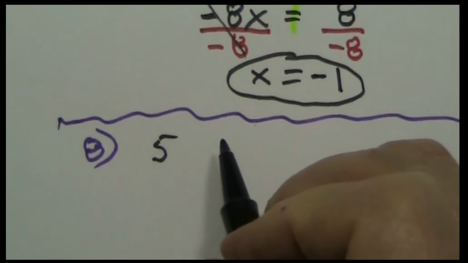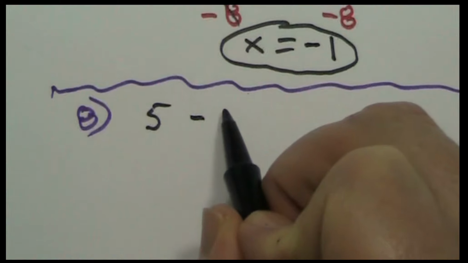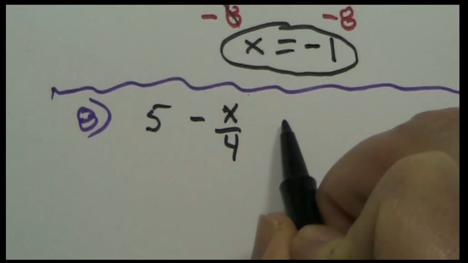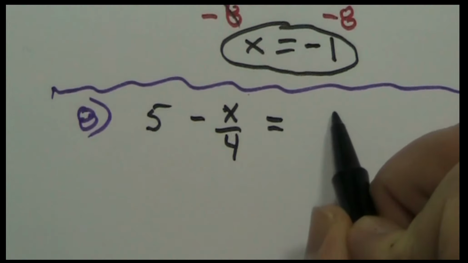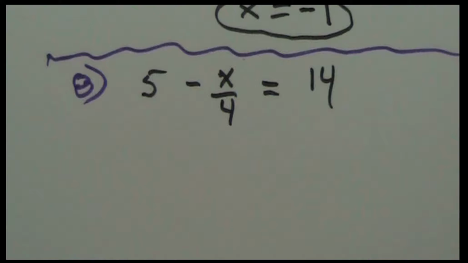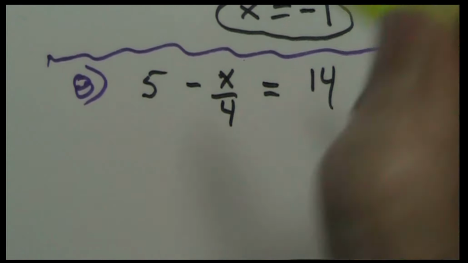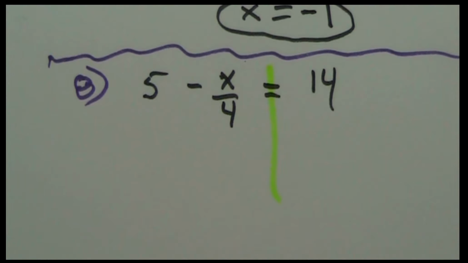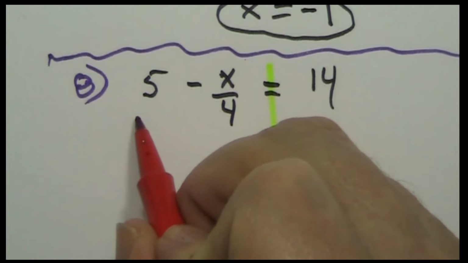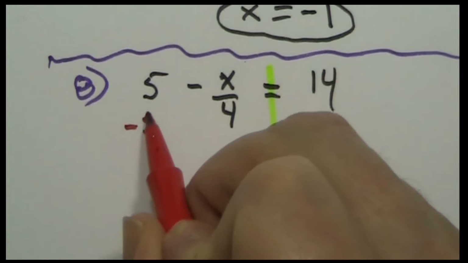Okay, number 8, the last problem. We have a left and right side. First, get rid of the constant. That's a positive 5, that's plus 5, so I will subtract 5.